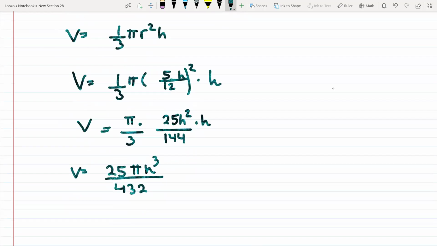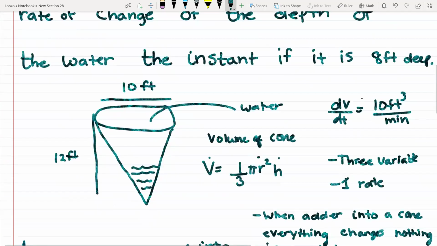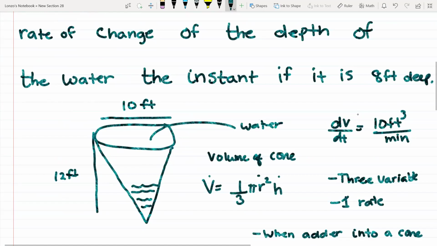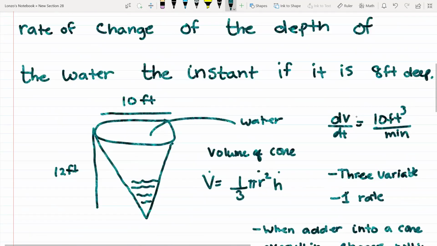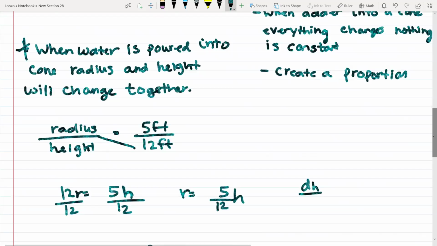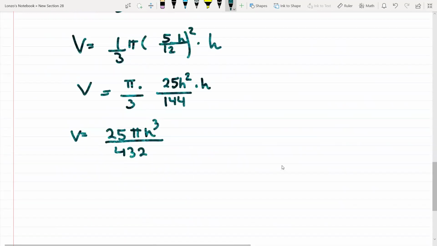Okay, so now what I'm going to do is take the derivative with respect to time, and we're trying to solve for... what are we trying to solve for? We have dV/dt, so we need to find dh/dt. Okay, that is what we're trying to find, dh/dt. So let's take the derivative with respect to time. On the left, the derivative with respect to time would be dV/dt, which we have.